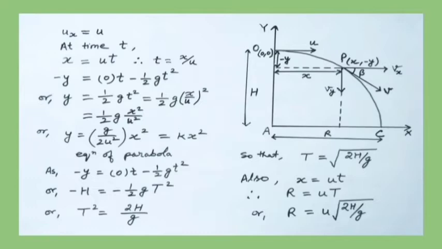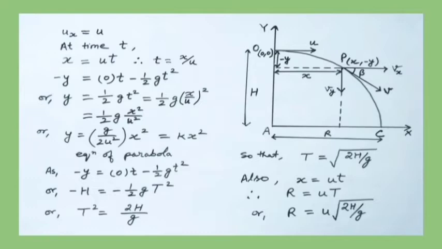The trajectory of the projectile is then y = half g into (x by u) whole square, equal to half g x square by u square, which is equal to g by 2u square into x square. Finally, y = kx square, where k = g by 2u square is a constant. This equation y = kx square represents a parabolic path.